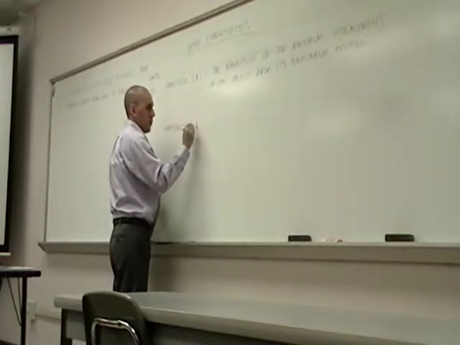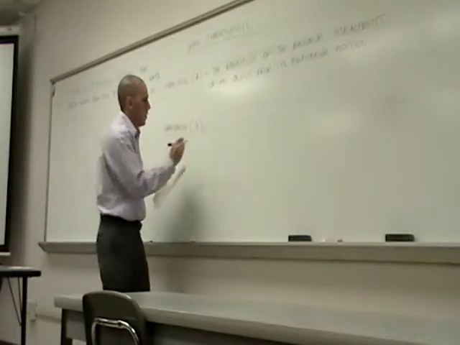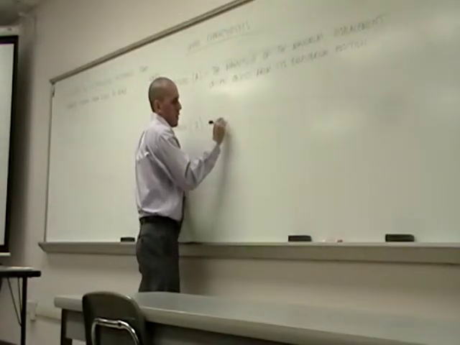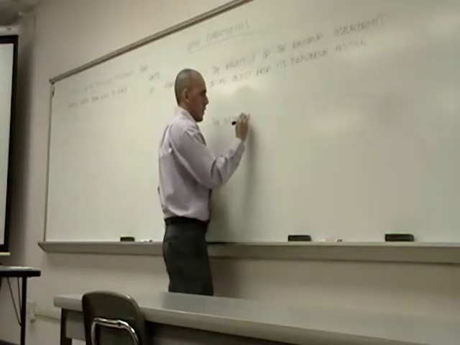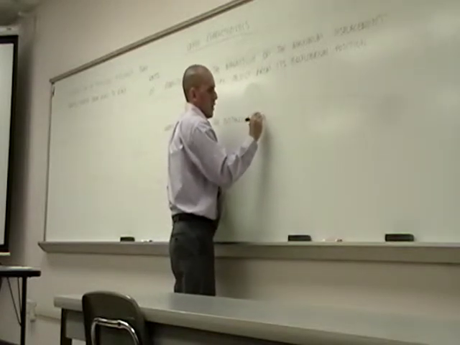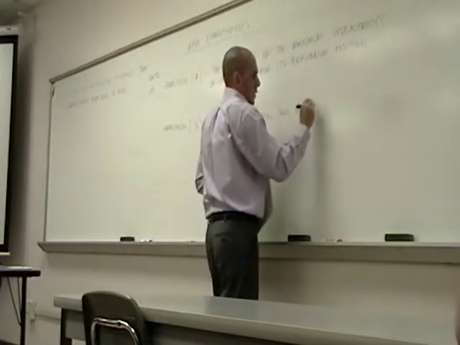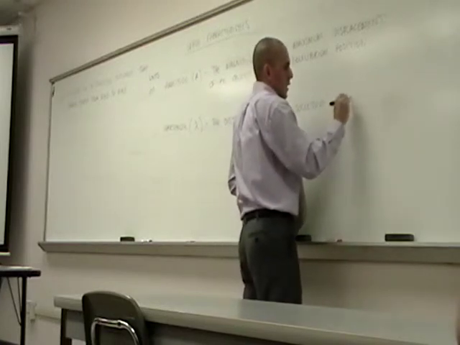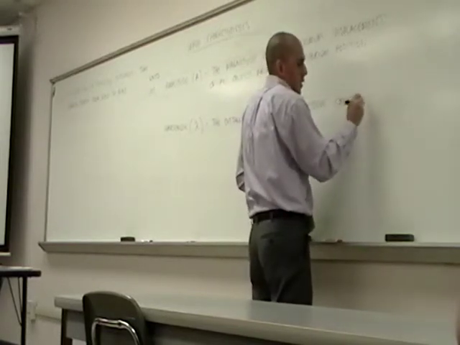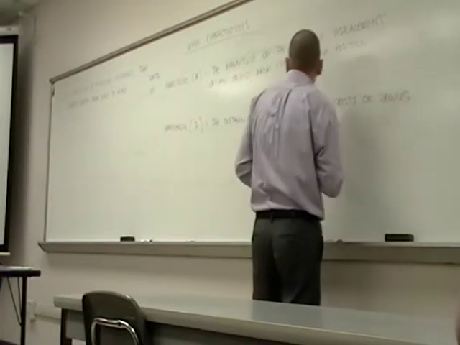Wavelength we use lambda for, that variable. And it's just the distance between any two successive crests or troughs on your wave.